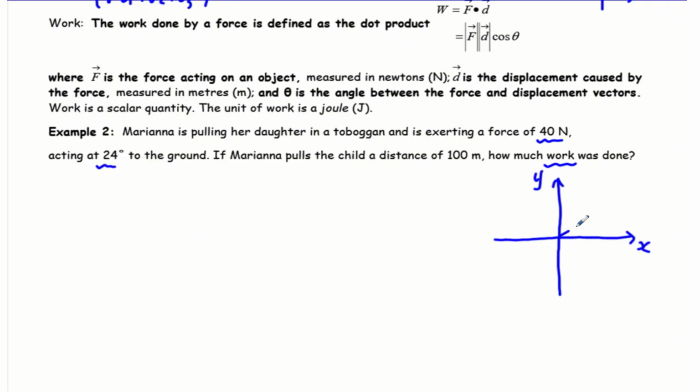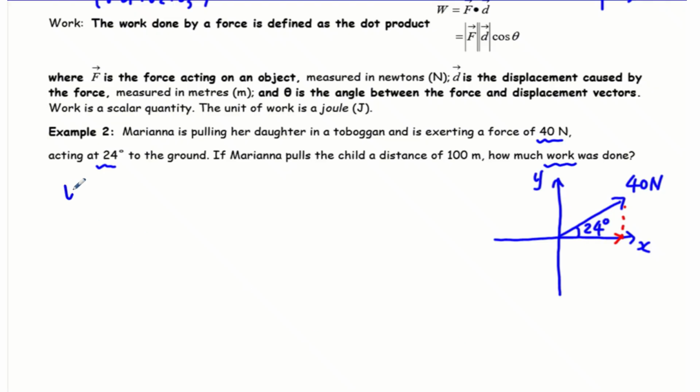So the force is 40 Newton, and the angle formed with the ground is 24 degrees. We know the projection of the force F on the moving direction is the force that contributes to the work.